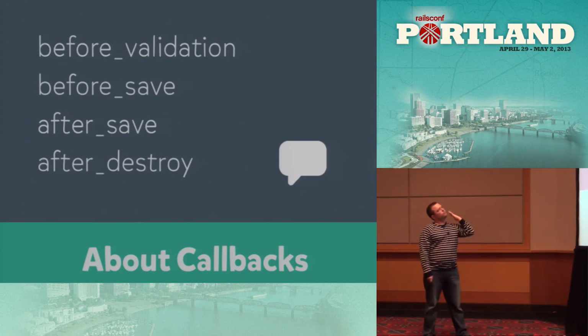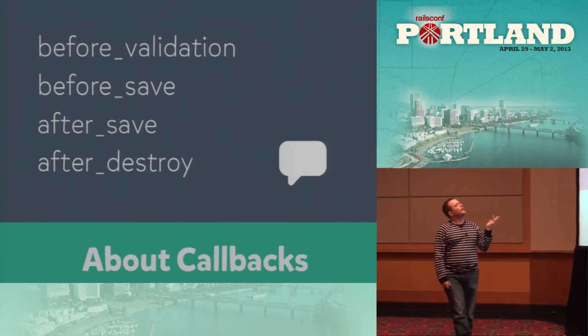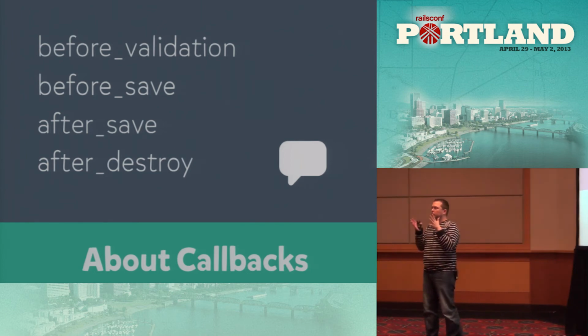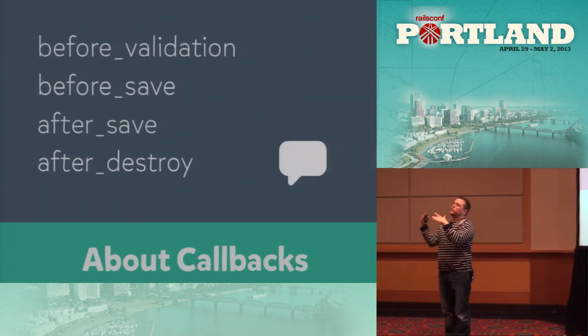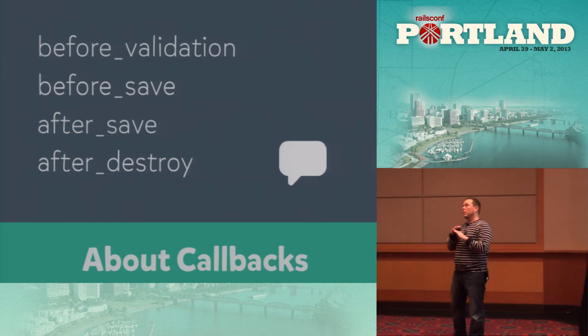So here are the four that most people would ever use: before validation, before save, and after destroy. Each of these you can sneak code into. For before save, if you return false, it won't save the record.